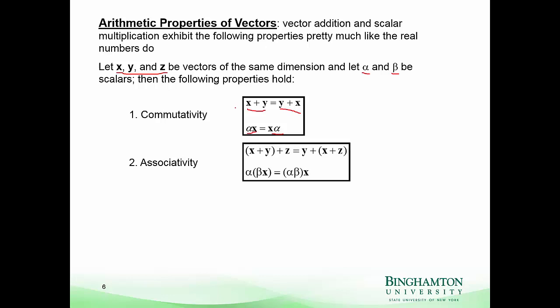It doesn't matter if I first add x and y and then add z to that, or equivalently add x and z together and then add y to that. Either of those are the same.